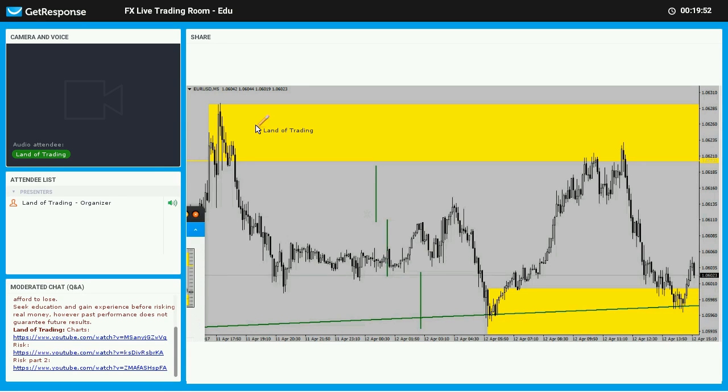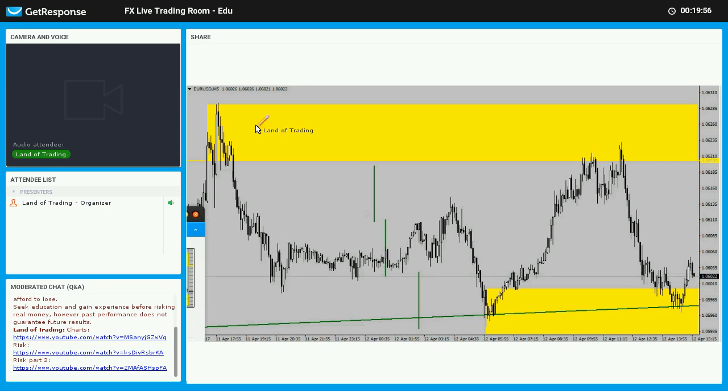But what I'm trying to show you here, once you have your supply or demand zone on a higher time frame, very often it's going to be a very good idea to switch to smaller time frame and to try to find out if we have any kind of confirmation on smaller time frame inside the higher time frame, right? And immediately, as you can see here, we have our answer.